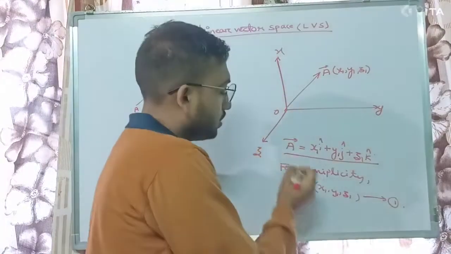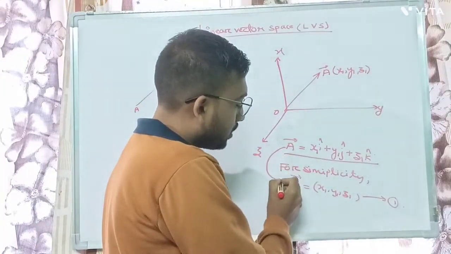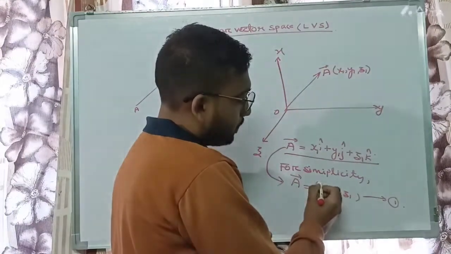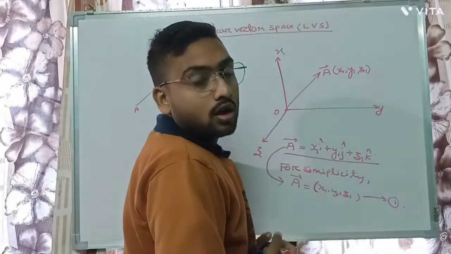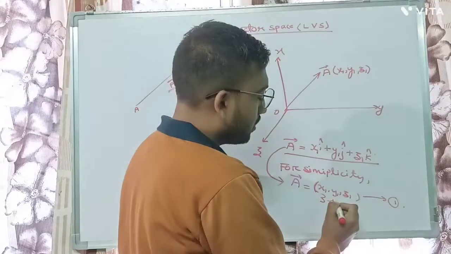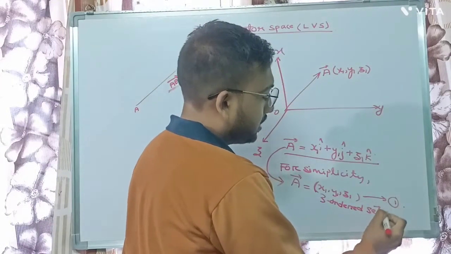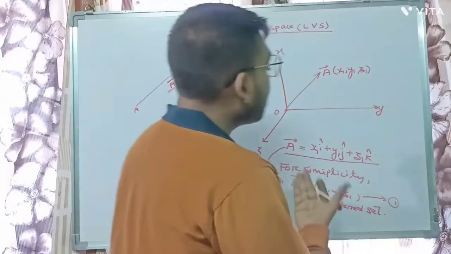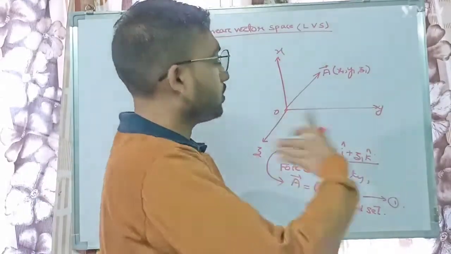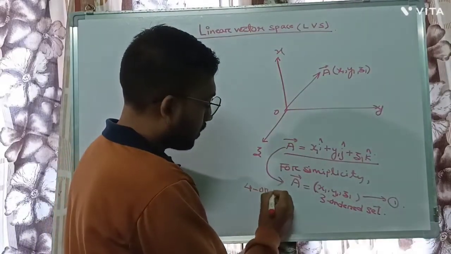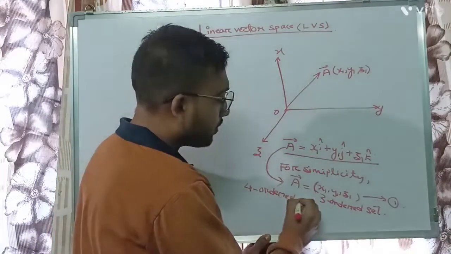We are just representing a vector only in terms of its magnitude as a three ordered set. If we are considering a three ordered set, we can go beyond and think of a fourth order or even more.